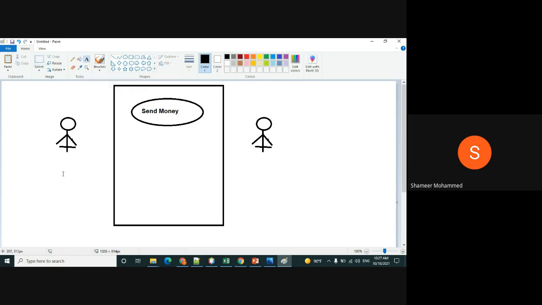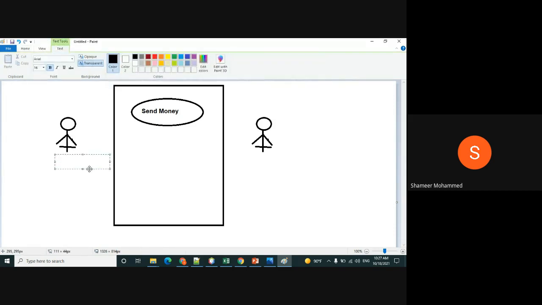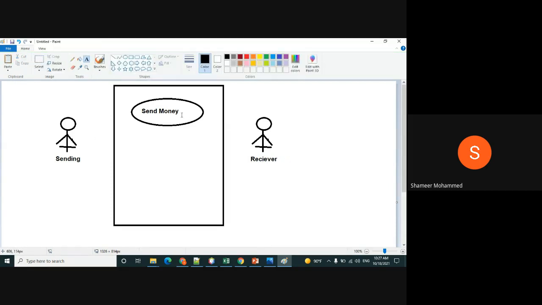So this is the sender. For example, I am sending the money and another person is the receiver. If you send the money, your account is deducted.